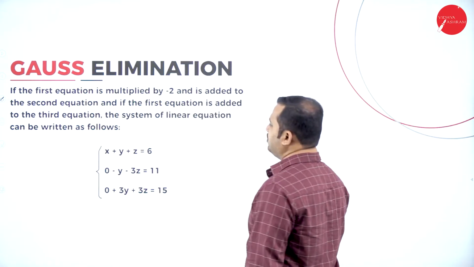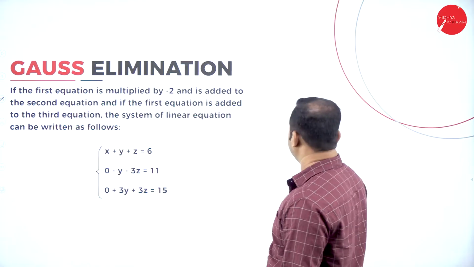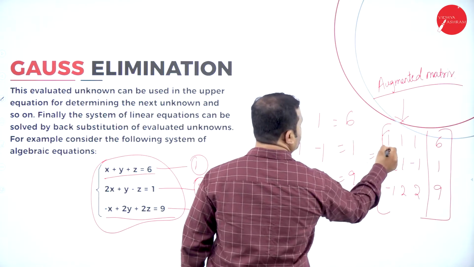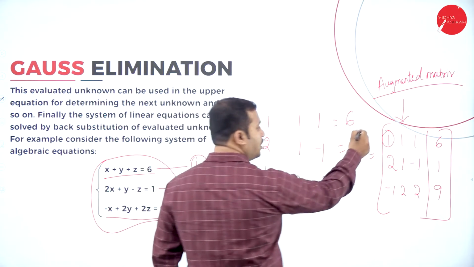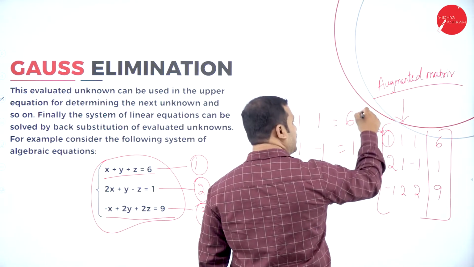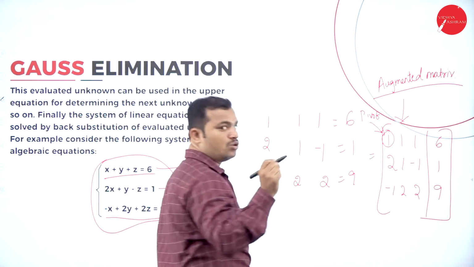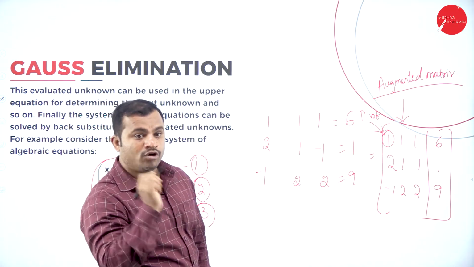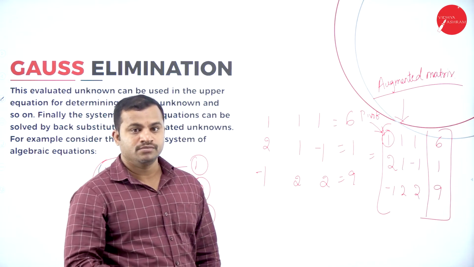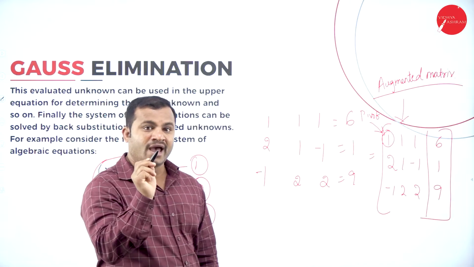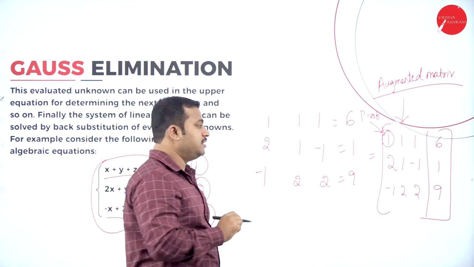Now we have this augmented matrix, the very first equation, that is this. We have the element which is 1. This is called the pivot element. Please note that it is a pivot element. This must always be non-zero. If it is 0, we have to interchange the equations. That is to be remembered here.